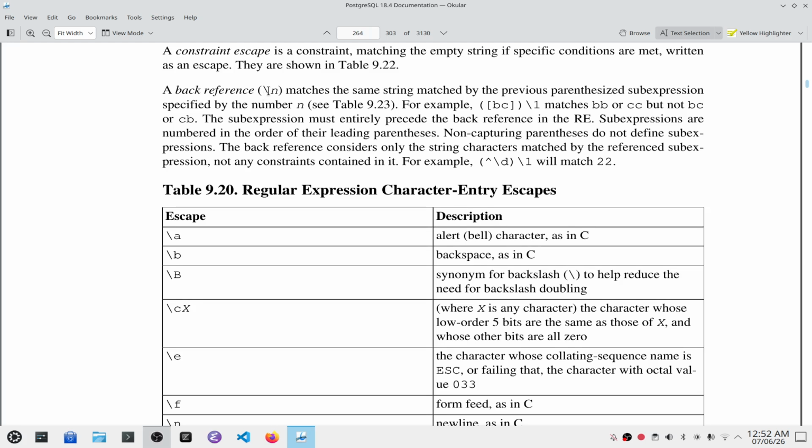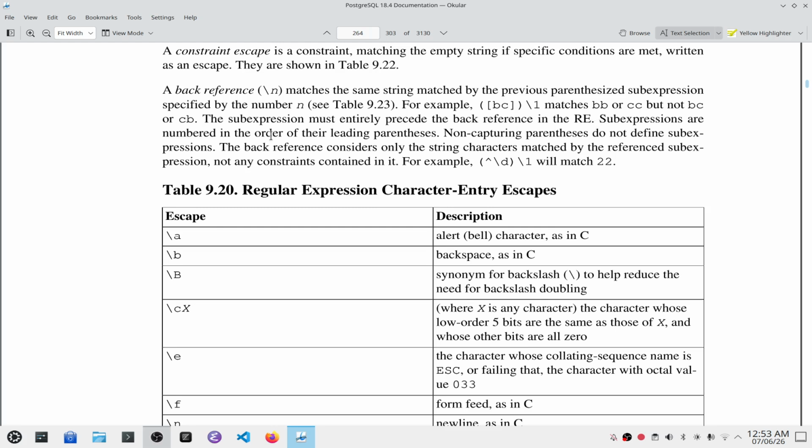A back reference \n matches the same string matched by the previous parenthesized subexpression specified by the number n. For example, ([bc])\1 matches bb or cc, but not bc or cb. The subexpression must entirely precede the back reference in the ARE.